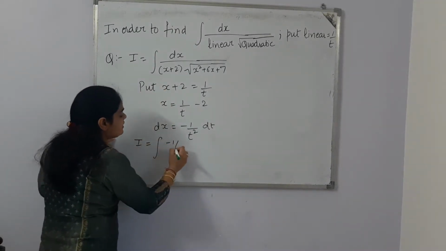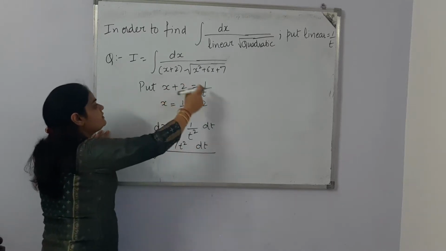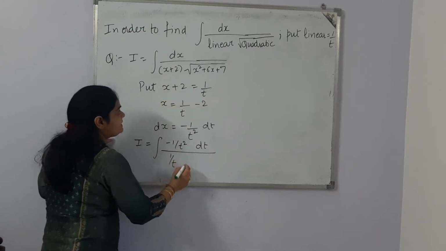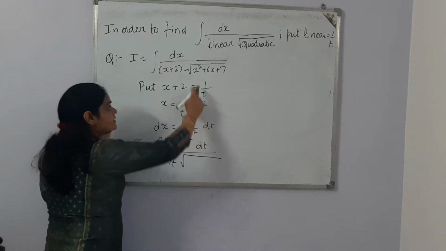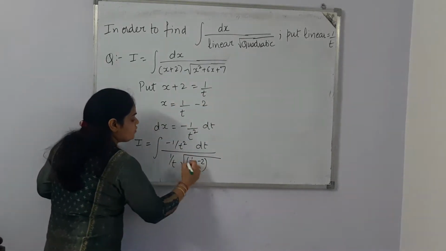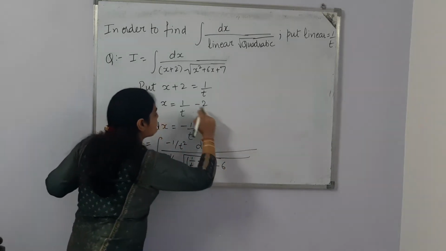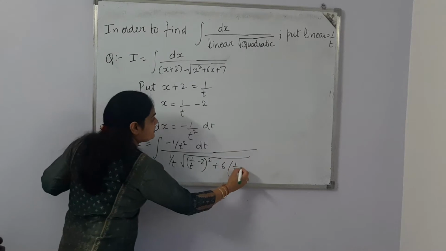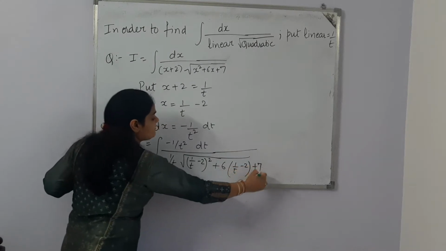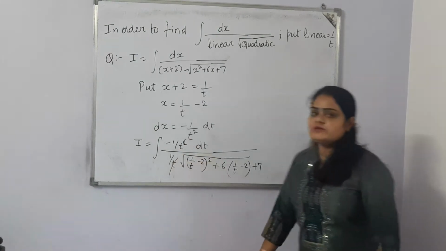Now we'll substitute the values. dx is equals to minus 1 by t square dt whole upon x plus 2. x plus 2 is 1 by t, under root x square. So the x value is (1 by t minus 2) whole square plus 6x, where x is 1 by t minus 2, plus 7. Now we'll resolve it. Before that, this t will cancel out with t.